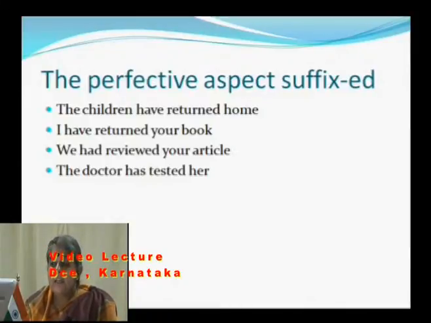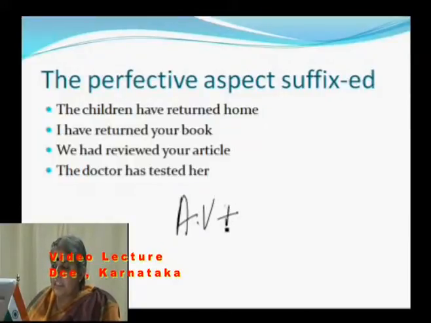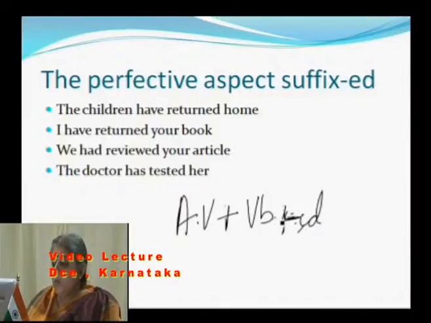So, what is the rule we need to follow? You have what is called once again an auxiliary verb plus the perfective aspect, that is the verb, and this verb takes which form? An ed form. It takes which form? The past participle form of the verb. So, children have. Why do I use the word have?